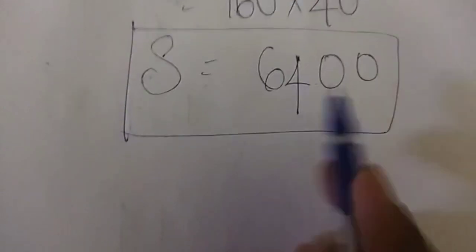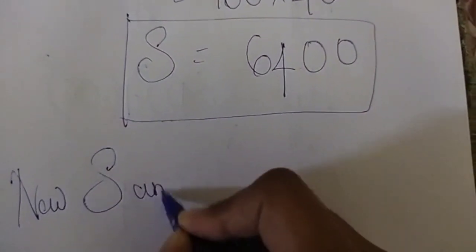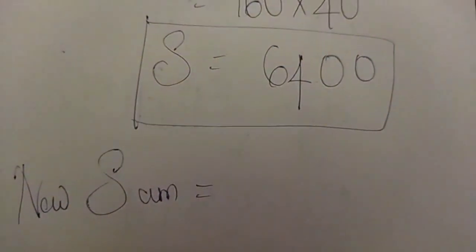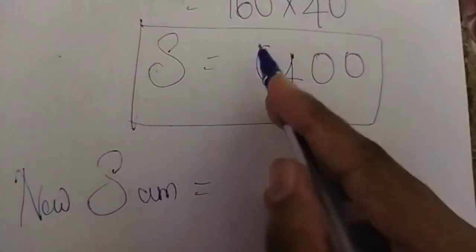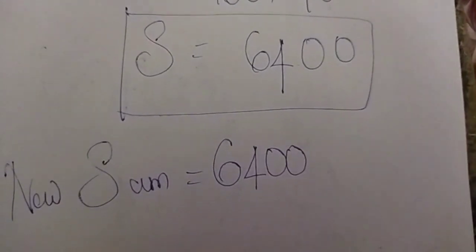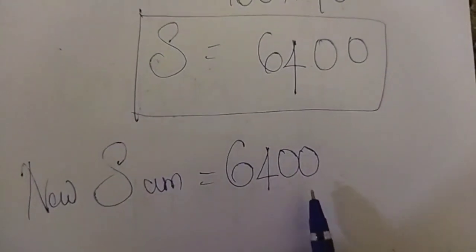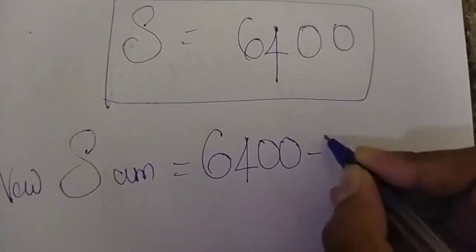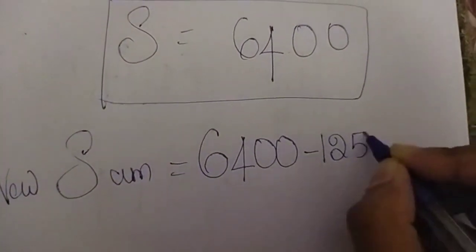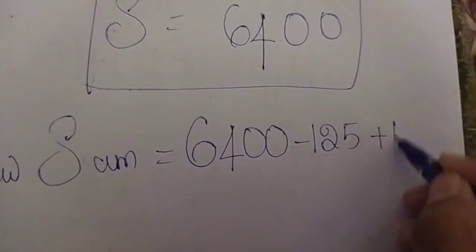But the new sum, we need to find what the new sum is. In order to find it, we need to subtract the wrongly taken data. The wrongly taken data is 125, so let me subtract 125 and add the correct data. What is the correct data? 165.